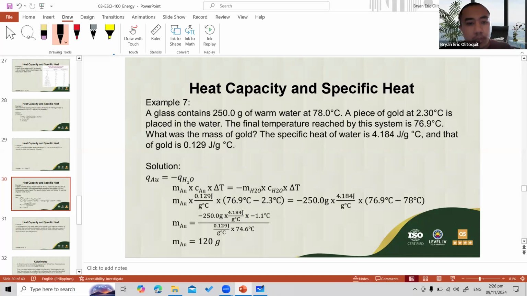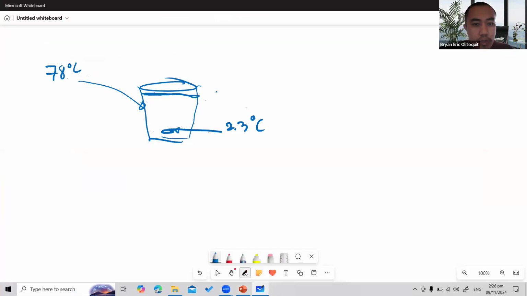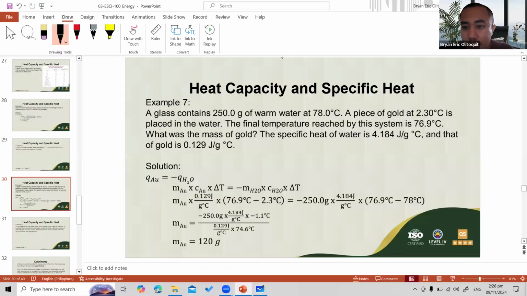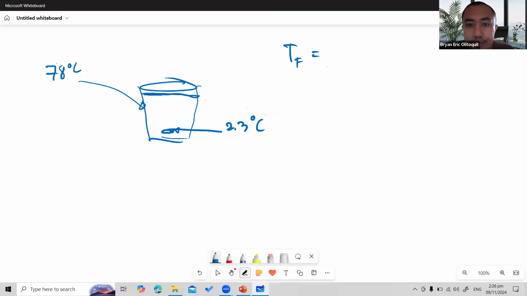And sabi dito, this one is the initial temperature. The final temperature of both the water as well as the gold is at 76.9 degrees Celsius.